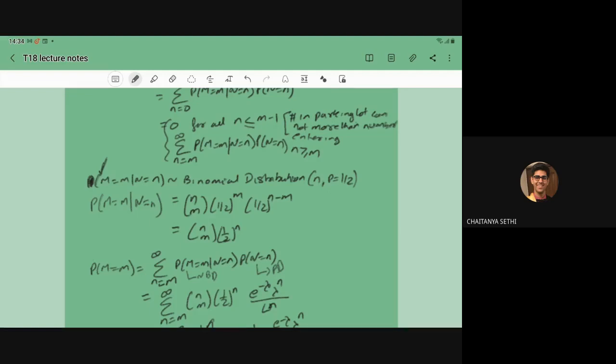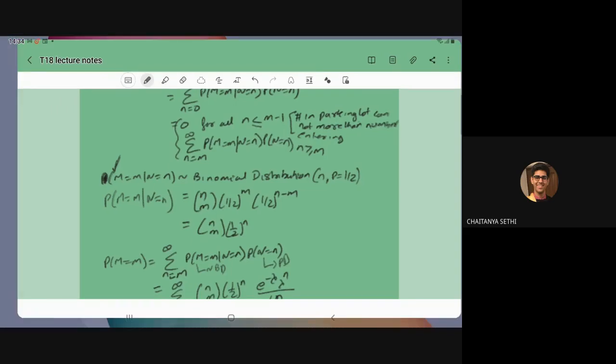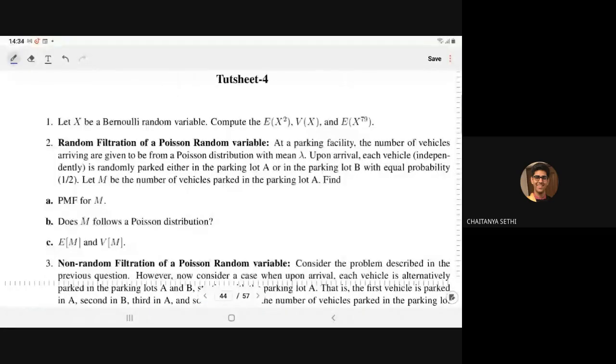And the entry of vehicles is given to you as a Poisson distribution. Now clear? What is given as Poisson? The initial one, right? Vehicles are arriving following the Poisson distribution. That's why I'm saying, read the question again.